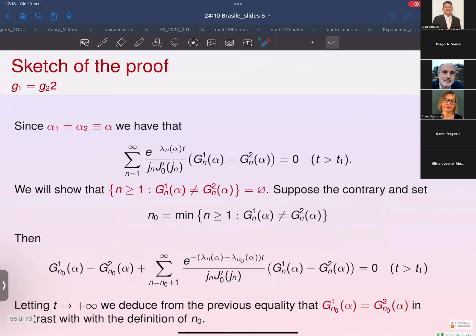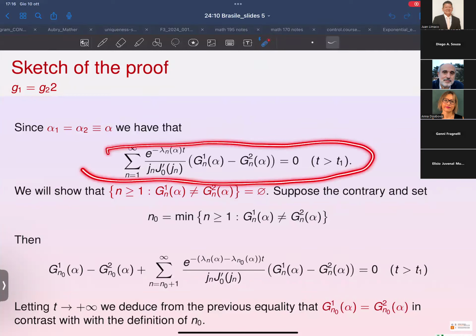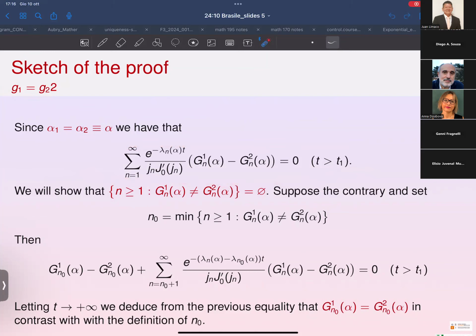Once you have that alpha 1 is equal to alpha 2, you can prove that G1 is equal to G2, essentially by a similar argument. You use the fact that the normal derivatives are equal for t greater than t1, so you get this identity. And then you show that from this, the set of integers for which the Fourier coefficients differ must be empty.